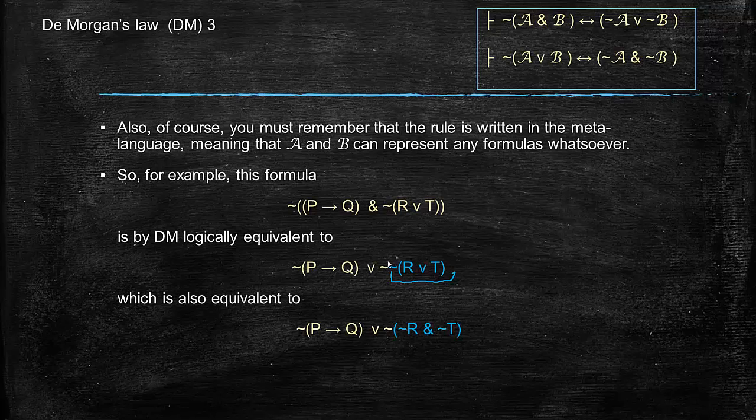You just forget about this negation over here, right? And not R or T becomes not R and not T, right? So you're substituting this blue formula for this blue formula, and the outside negation is completely unaffected. Okay?